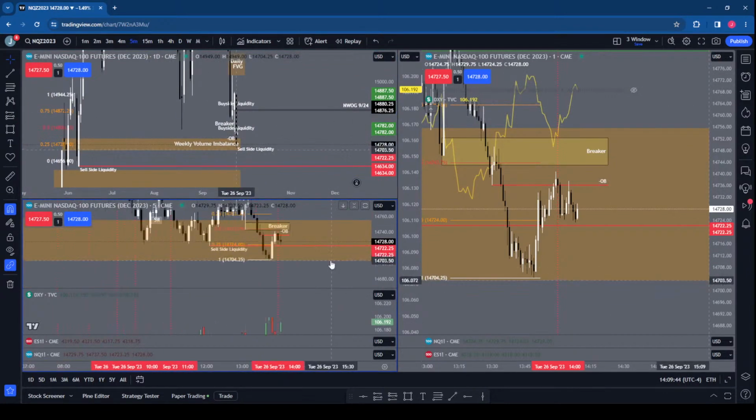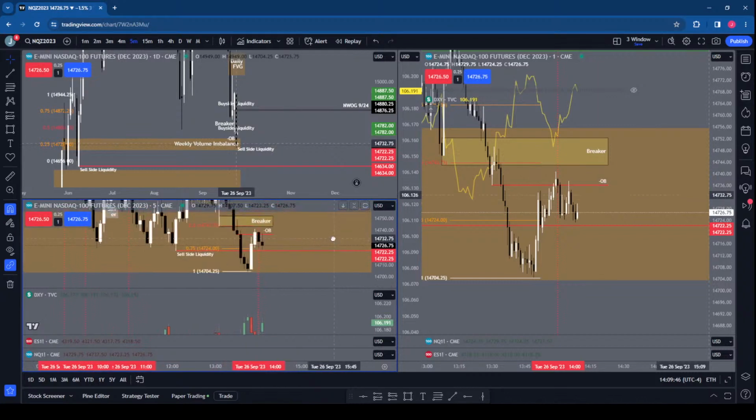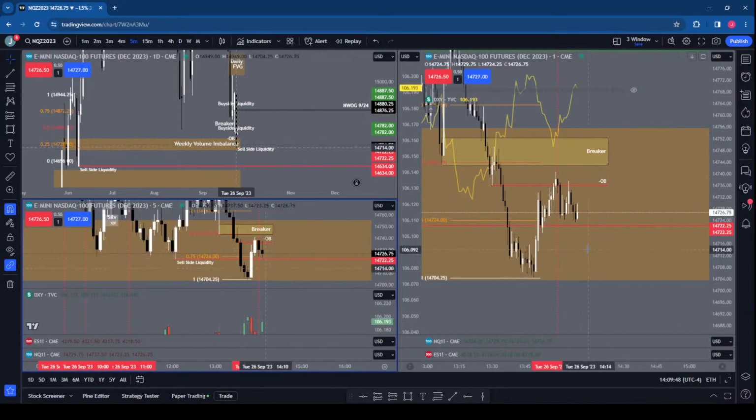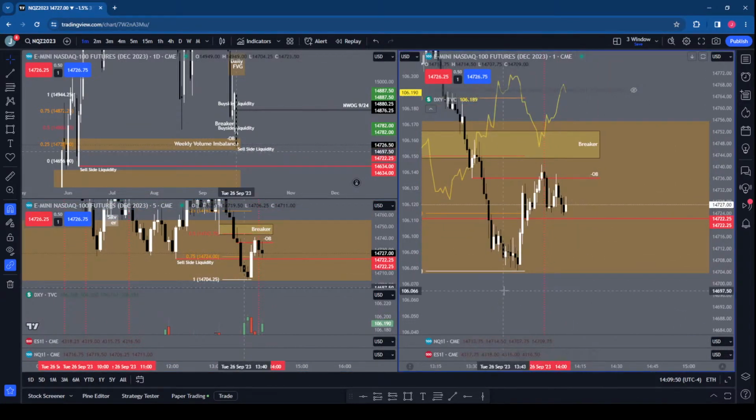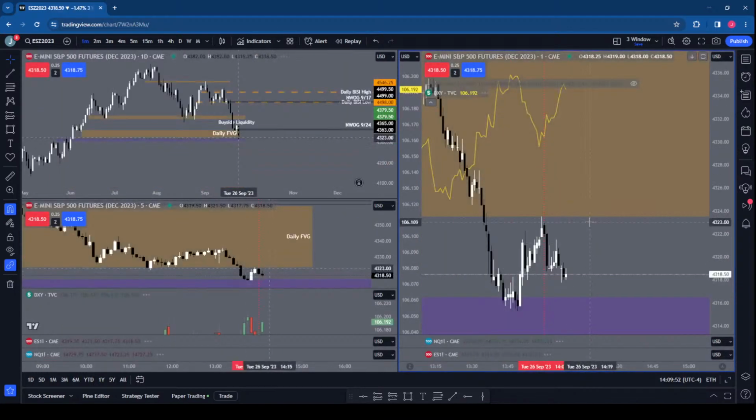Let's wait and see where this draw on liquidity is. I'm liking downside, especially since ES looks a little heavier.